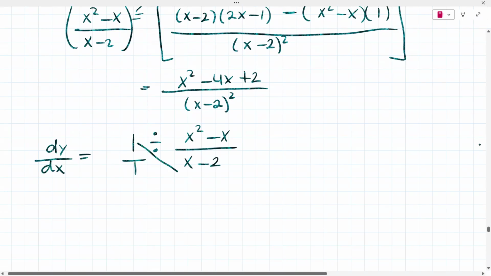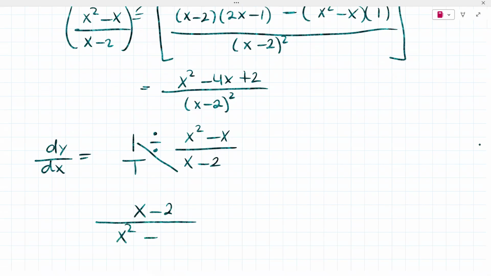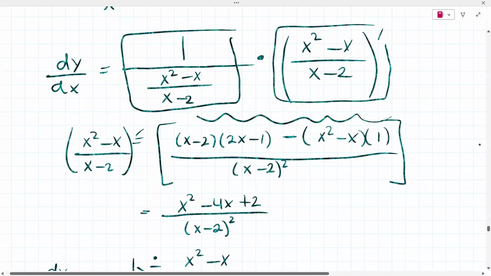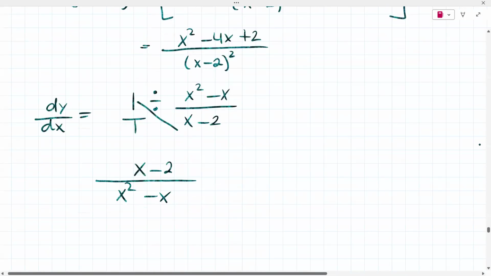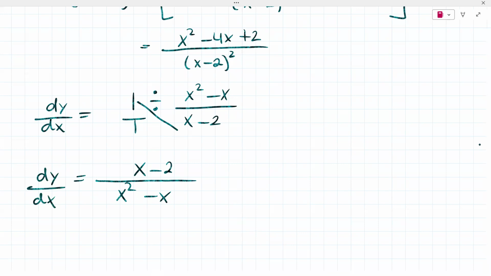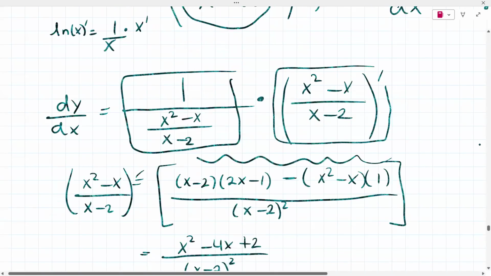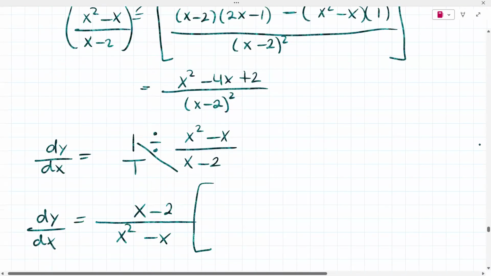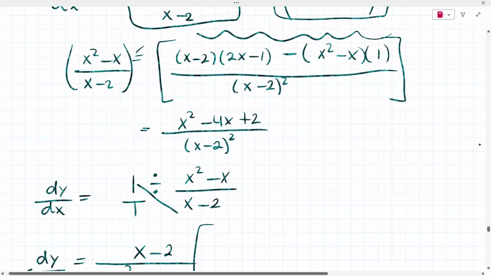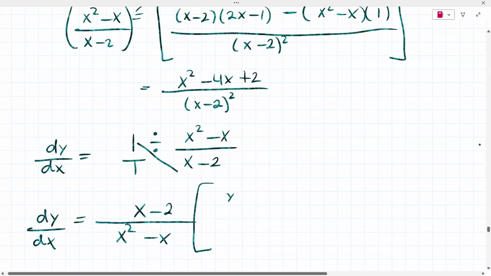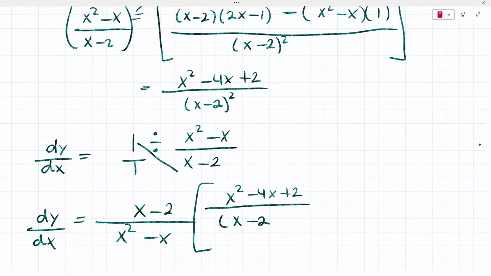So this part right here simplifies as x minus 2 over x squared minus x, times the derivative of this, which I did the work for, simplifies as x squared minus 4x plus 2 over x minus 2 squared.